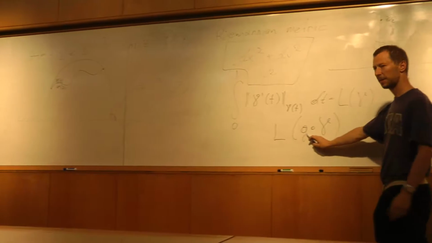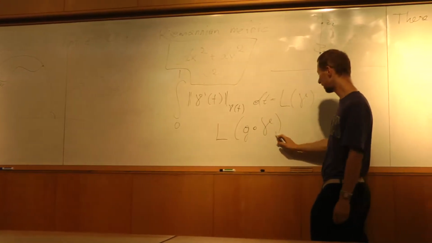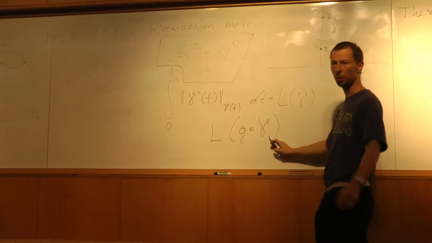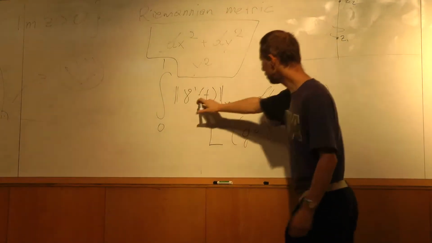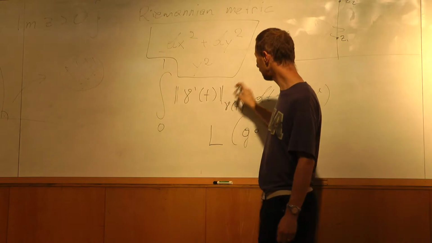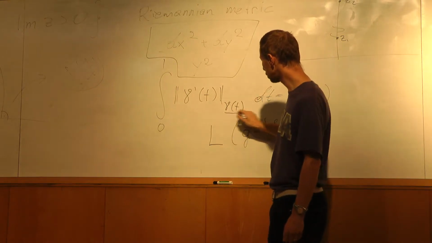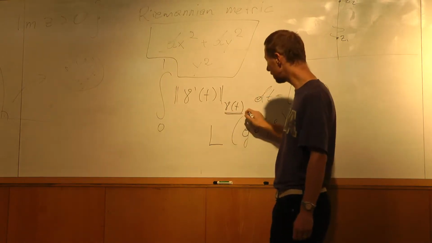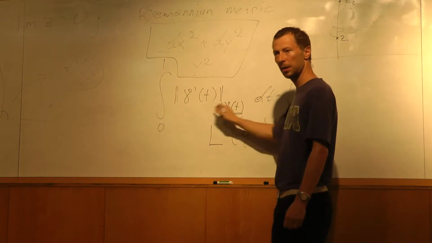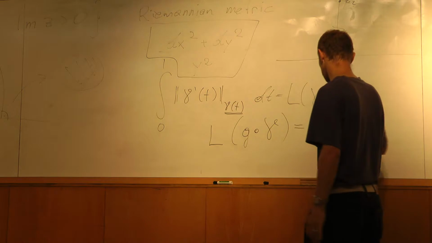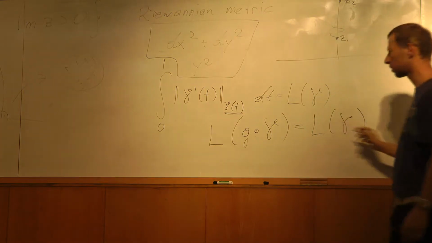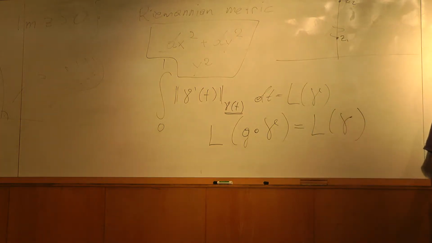And g is the supposed isometry, and gamma is the path linking two points. And you just plug this into this definition. Then you need to calculate the derivative. You need to work with the notion of lengths at gamma of t and g of gamma of t. And you will see that it all works out beautifully, and you get that the length of curves is not changed.